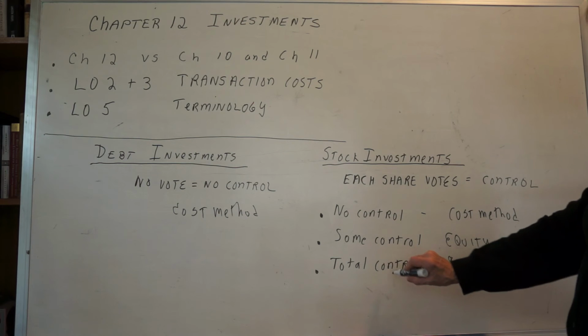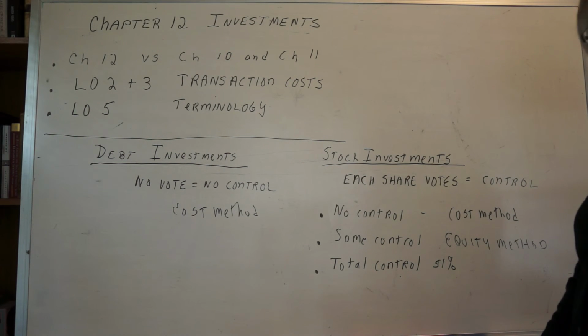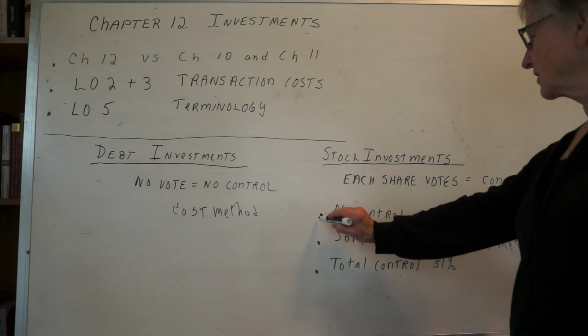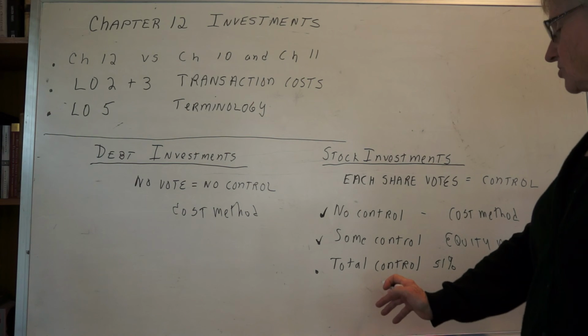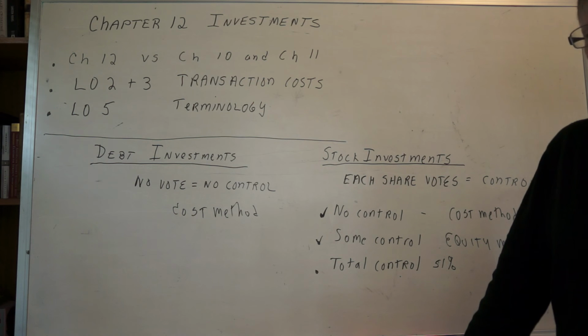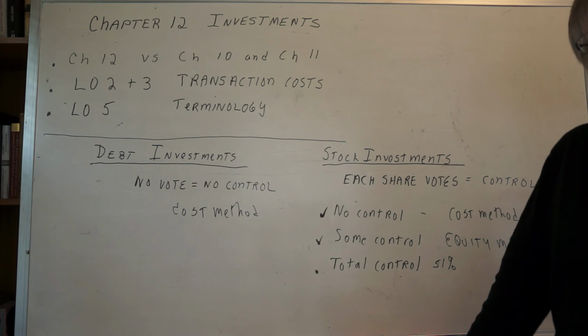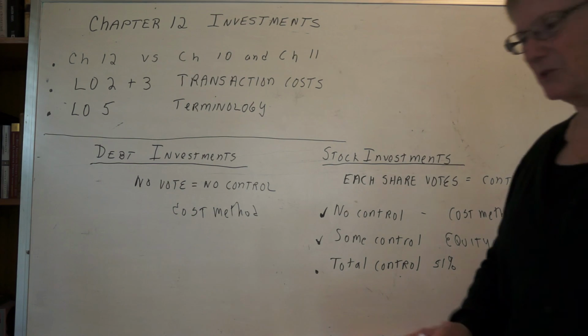And you need to know that that's what happens there, but we do not do consolidated financial statements at this point. So we'll be doing the accounting for no control and some control, the cost and equity methods. You need to be aware that consolidated statements would be filed if there's 51% ownership or more, but we're not going to do them. So I guess that's the good news there. And I think that's probably good enough for introduction to this, and you'll get a lot more detail as we go along.